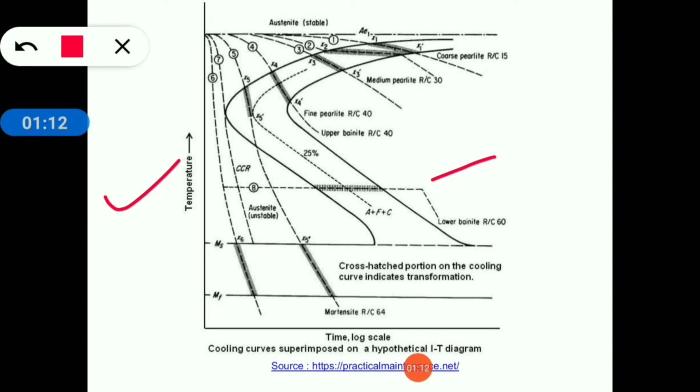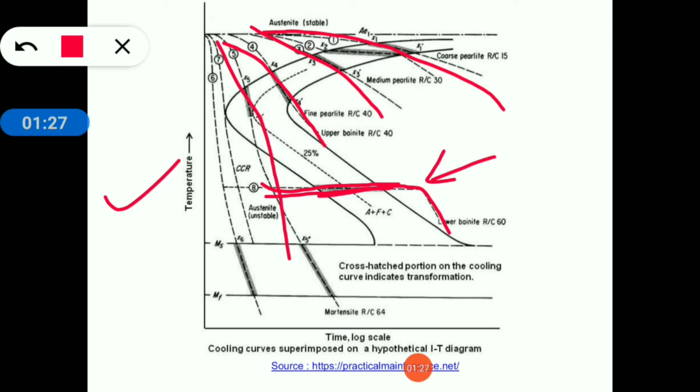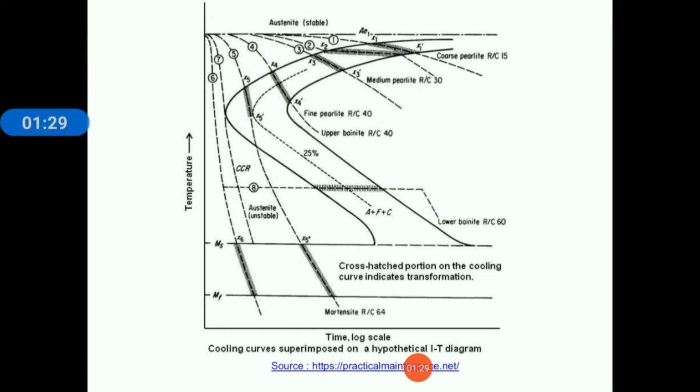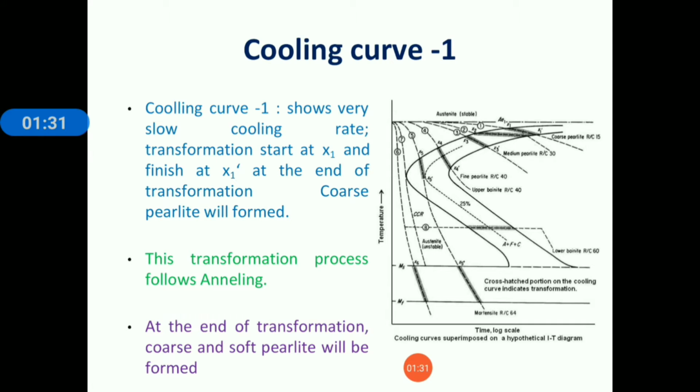This type of curve is known as an isothermal diagram. Here the transformation occurs at constant temperature, then it will cool down, and here constant cooling is there. So during this constant cooling your transformation will occur. Okay, so one by one we will discuss.